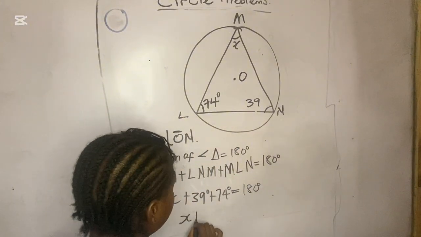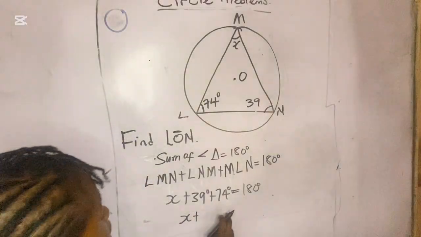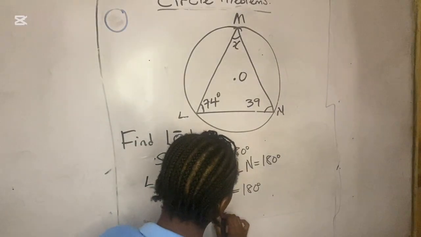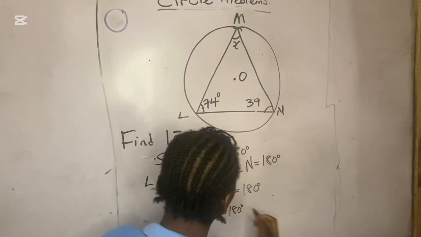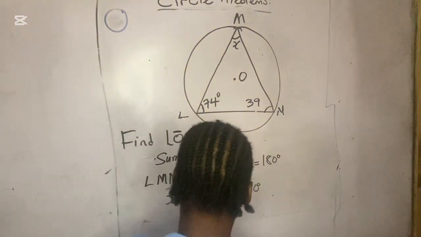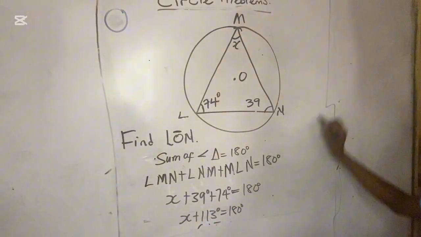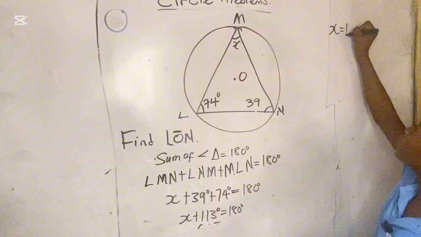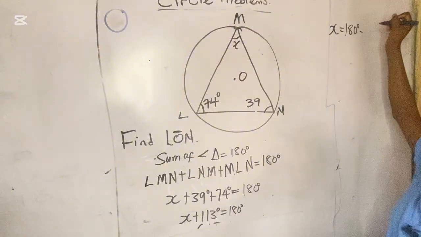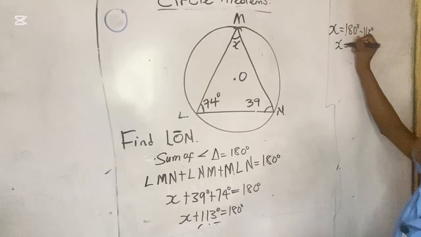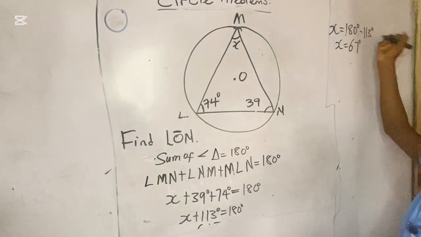So X plus 39 degrees plus 74 degrees, which is 113 degrees, equals 180 degrees. Collect like terms. So we say X equals 180 degrees minus 113 degrees. X equals 67 degrees.